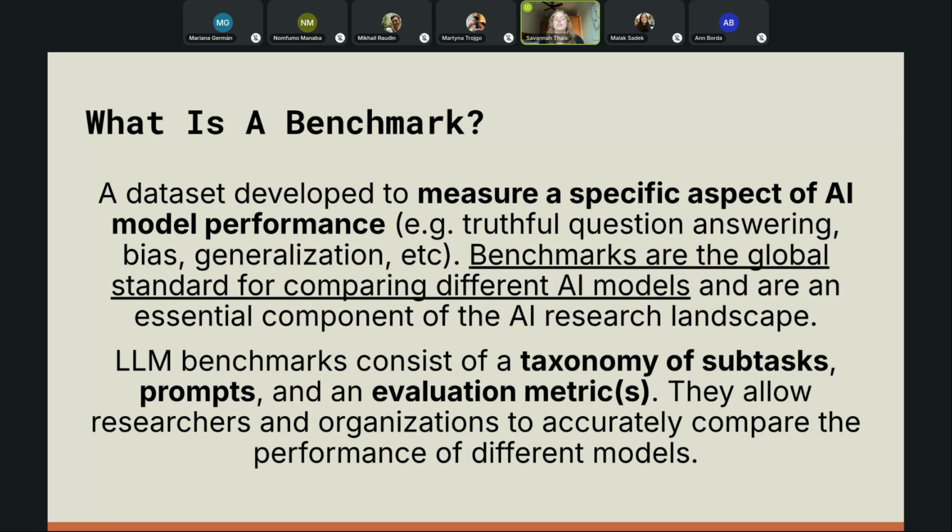What's really important about benchmarks is that they allow researchers and organizations to compare apples to apples the performance of different models, the capacity of different models to exhibit different behaviors and do different kinds of tasks.